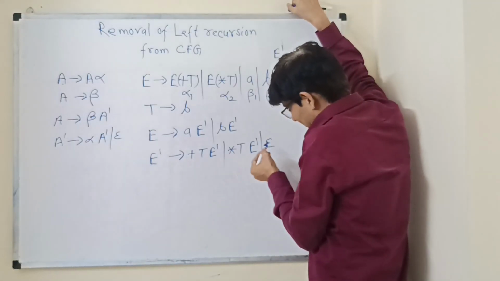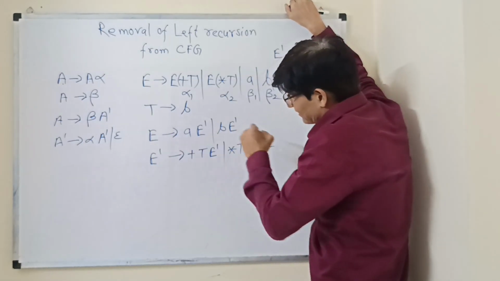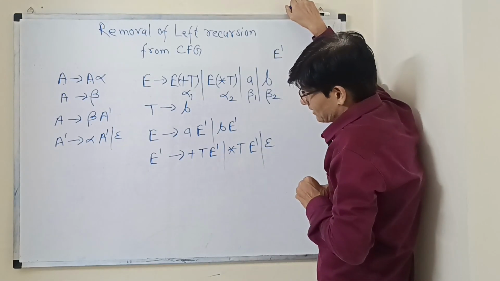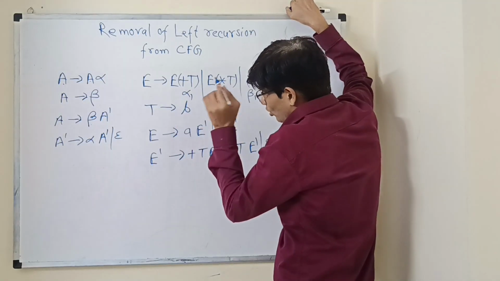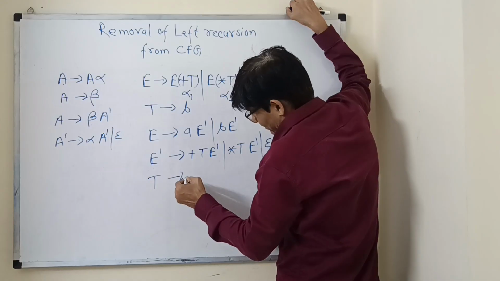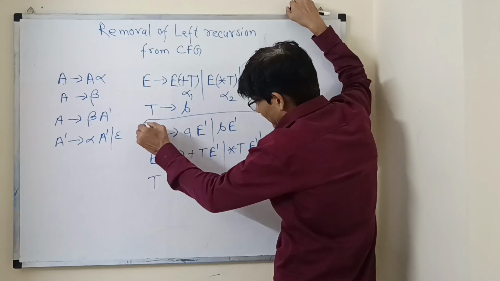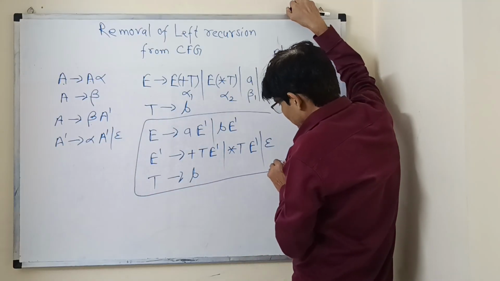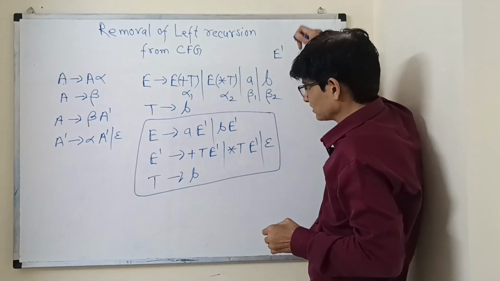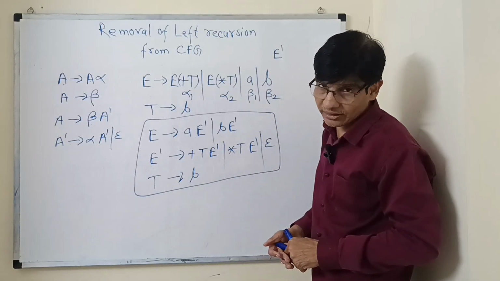So I have written here E' gives epsilon. Now we have completed all productions of E. T has only non-recursive productions, so we need not do anything with the productions of T. So this is the final grammar after removing left recursion, or after converting left recursion into right recursion.